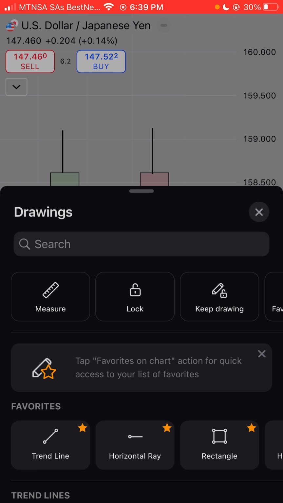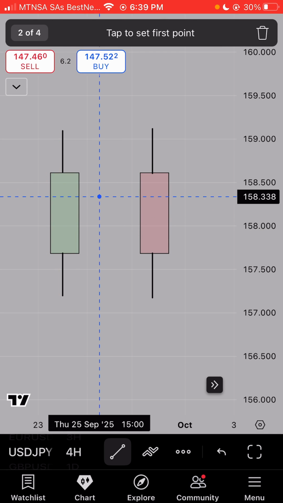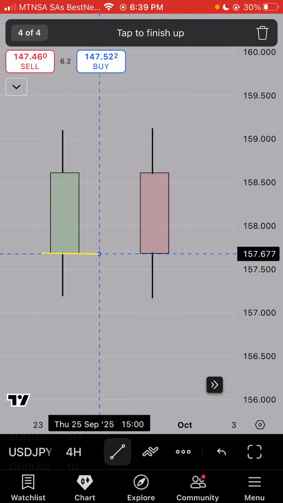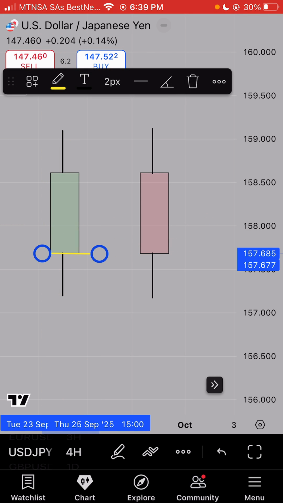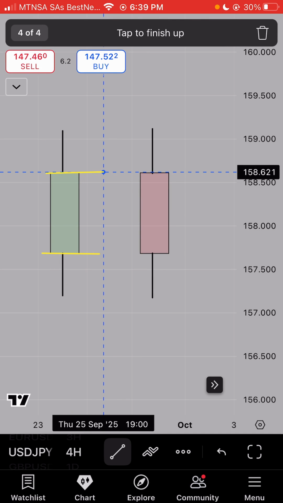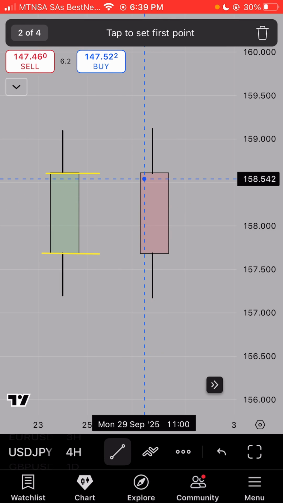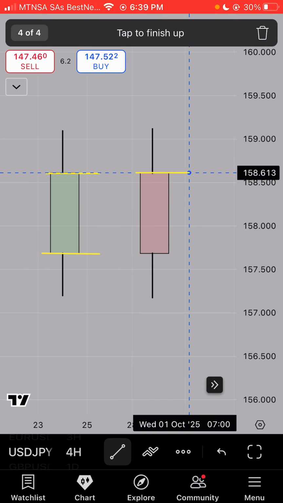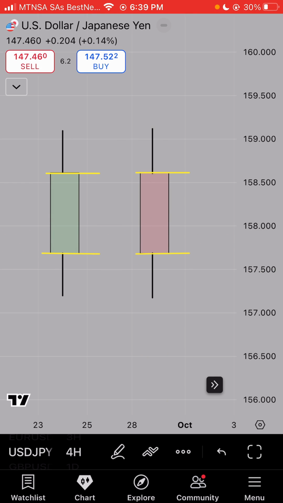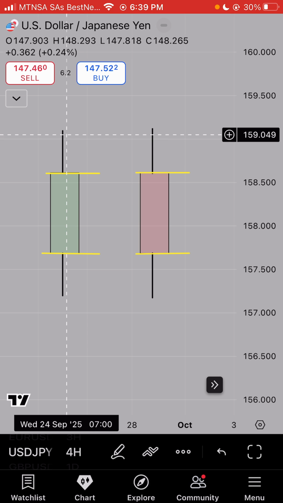A bullish candle looks like this. It opens below and closes above. A bearish candle opens above and closes below. Do not think that a bullish candle opened here and then closed here.